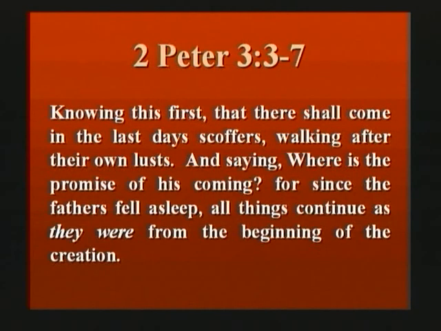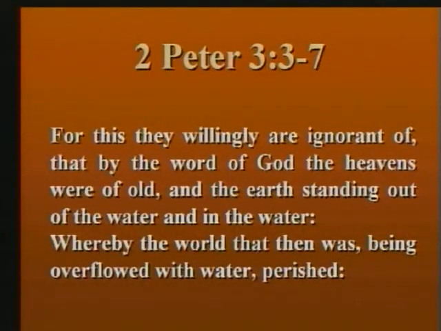Ever since our fathers fell asleep, all things continue as they were from the beginning of creation. Everything continues as it always was. That's the law of uniformitarian thinking. The past must be explained by the present. For this they are willingly ignorant of.